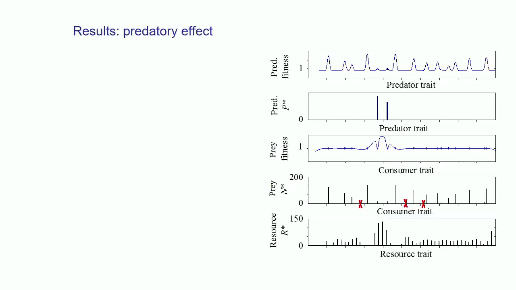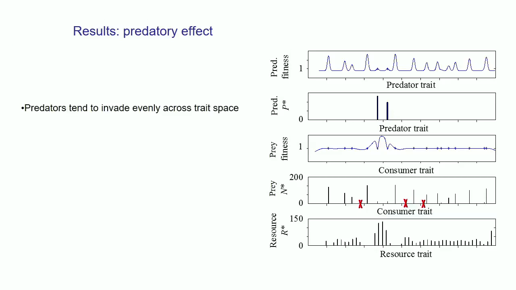Okay, so the reason for this decrease, that's the interesting part. We want to understand the mechanisms that drive these patterns. We can see that in this figure, where we show the basic resource distribution, the prey distribution, the prey fitness landscape, and the predator fitness landscape when two predators have invaded the system.